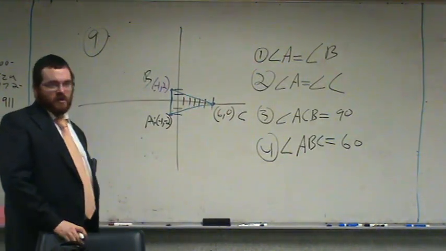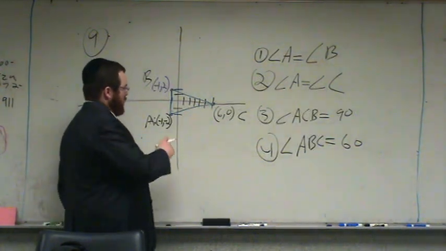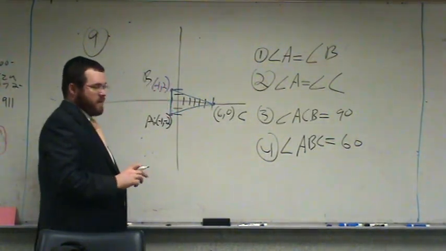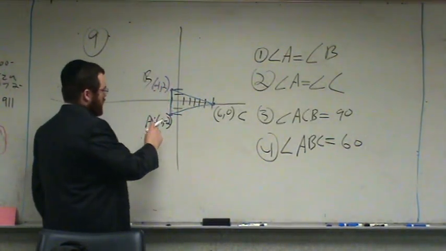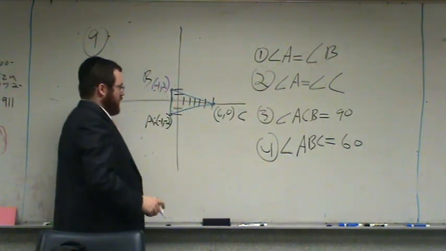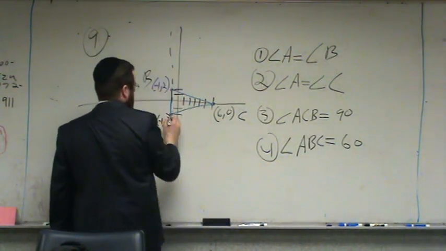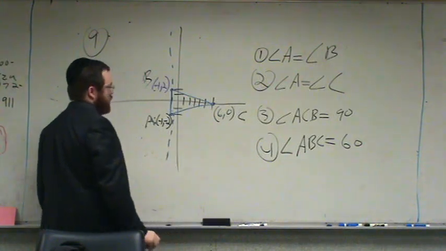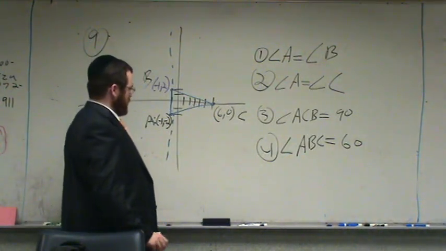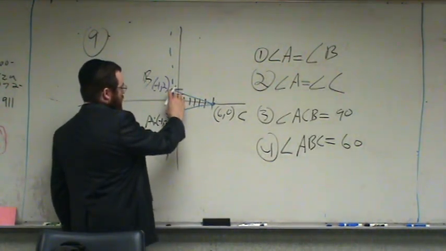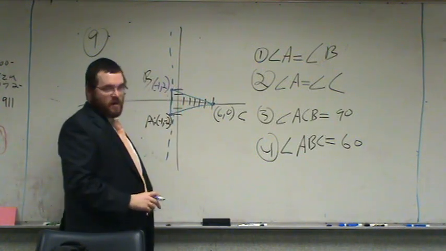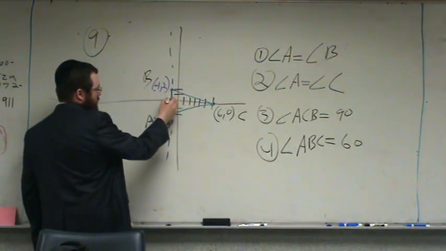Let's figure out what we know about this triangle. Well, we know that B and A are on the same line where x is equal to -1. This is their line, x is equal to -1. And C is at 6. They also, B and A, are both 2 away from the x-axis.